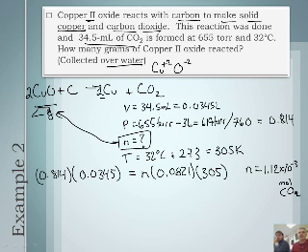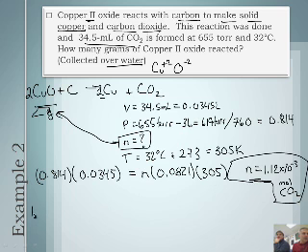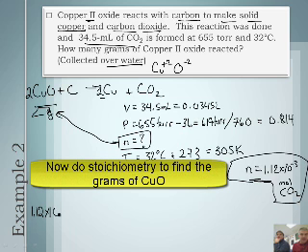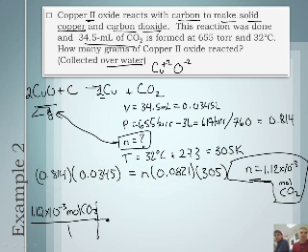Carbon dioxide, I knew that. So this is my starting number for my stoichiometry: 1.12 times 10 to the minus third moles of CO2. Now I want to go from moles of one substance to grams of another.